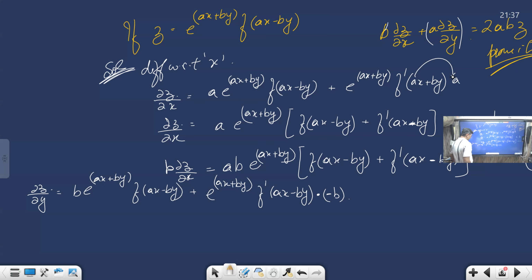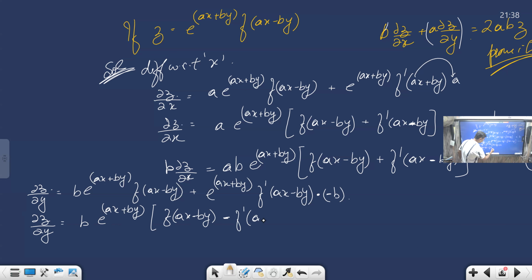Okay. And therefore let us rearrange it. If you rearrange it, del z by del y is equal to b e to the power ax plus by common, f of ax minus by is definitely there, and apart from that, negative of f dash of ax plus by.